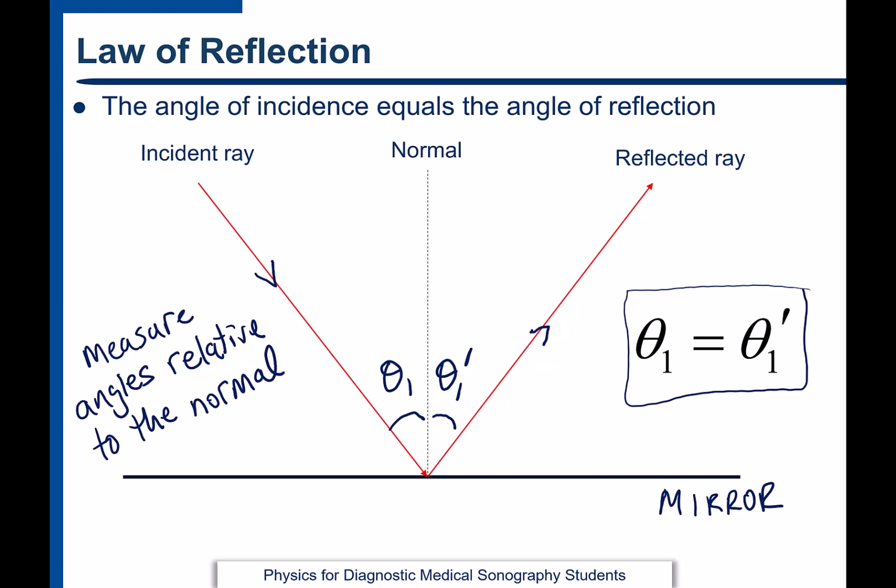By the way, we call this incident ray that creates this angle, so we call the angle the angle of incidence. And we call the angle for the reflected ray the angle of reflection.